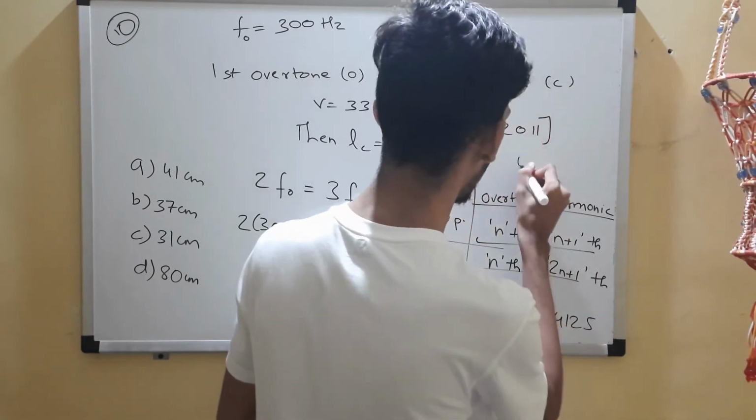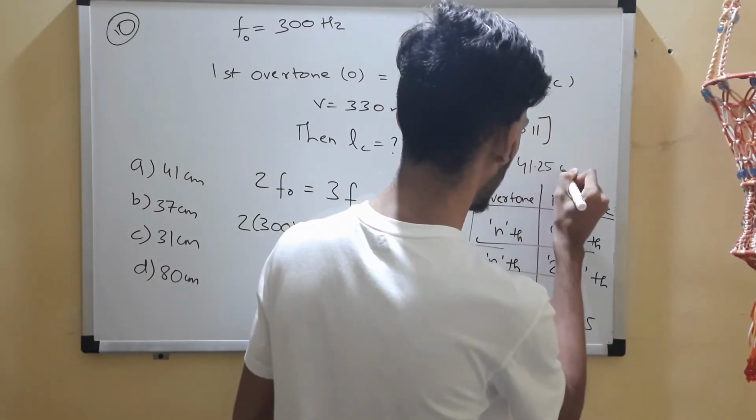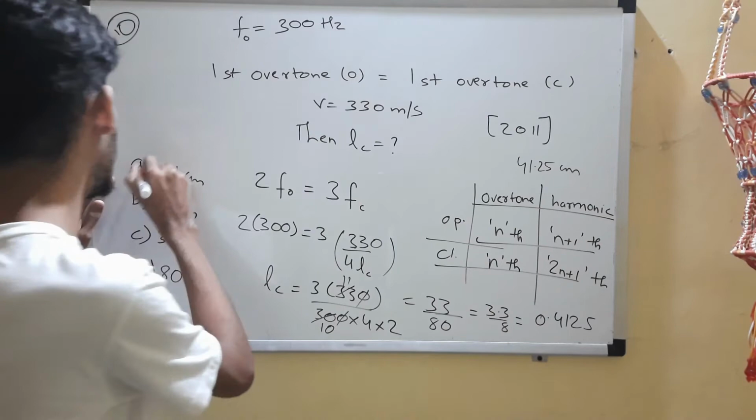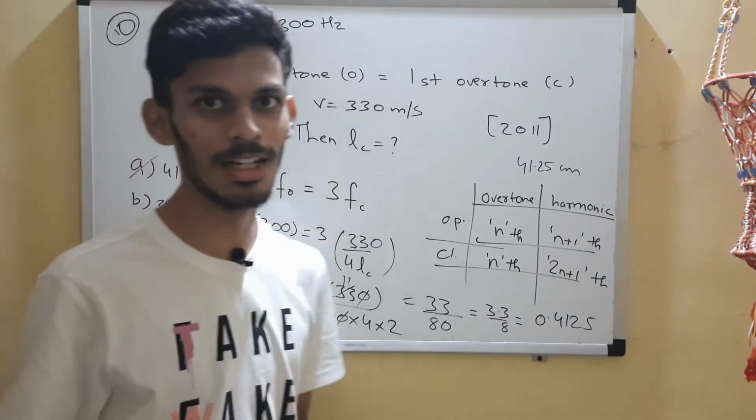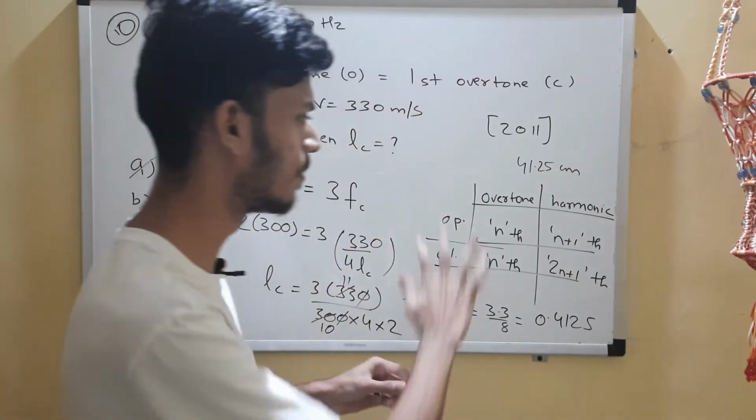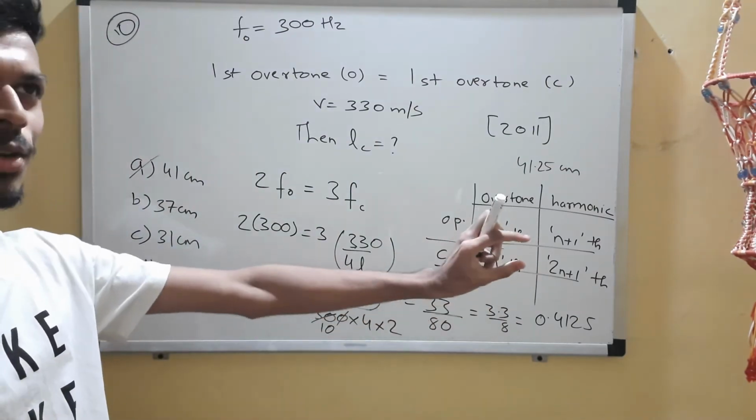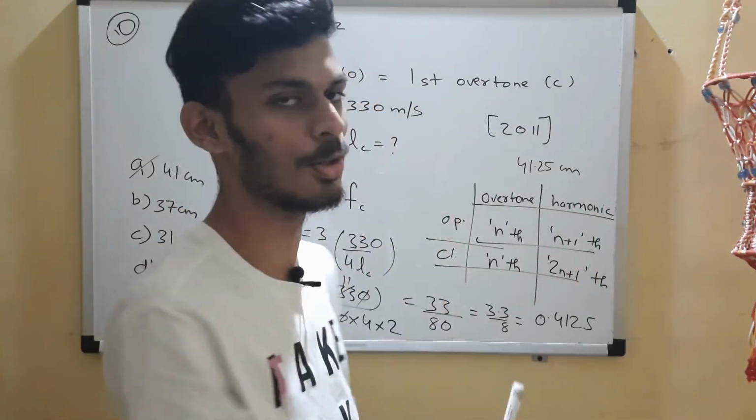So it is 41.25 centimeters. Around 41 centimeters will be the correct answer. I hope this logic is clear. You can note it down if this was not clear to you previously.